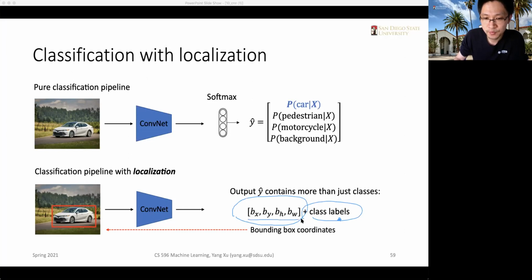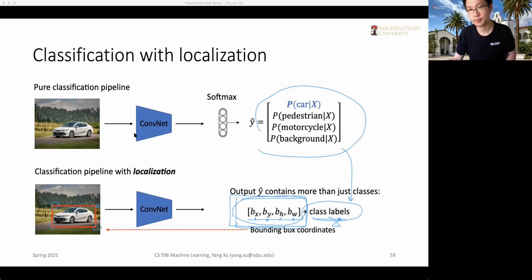So this bx, by, bh, bw, and the class labels, these are what we need. As a comparison, this one needs to be output here, but in addition, we need to output this left part as well. This left part contains the coordinate information for these boxes. So that is the basic difference between a pure classification pipeline and classification with localization.